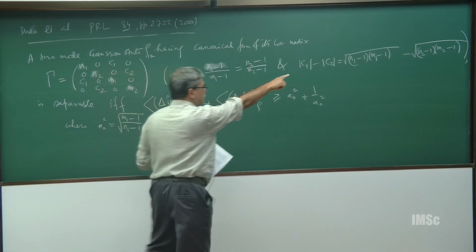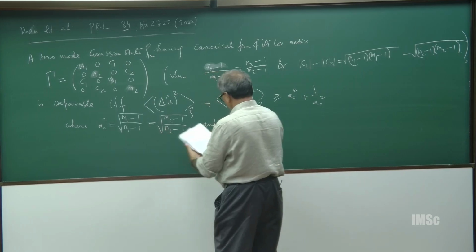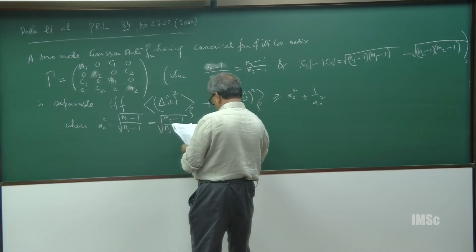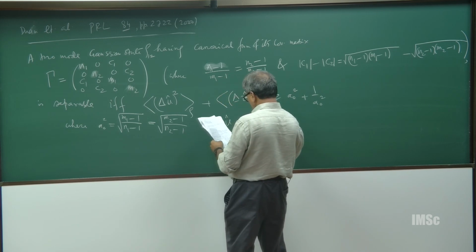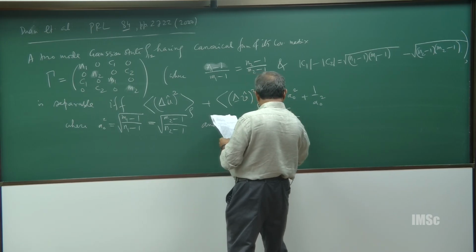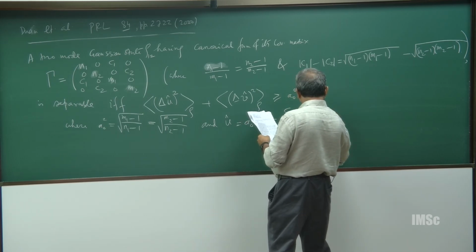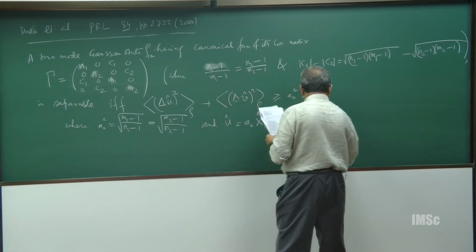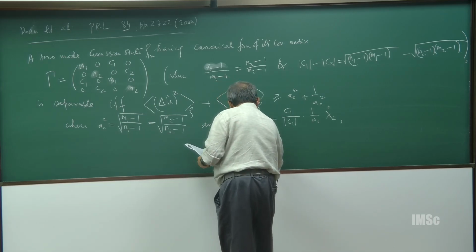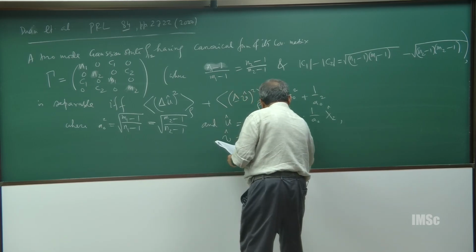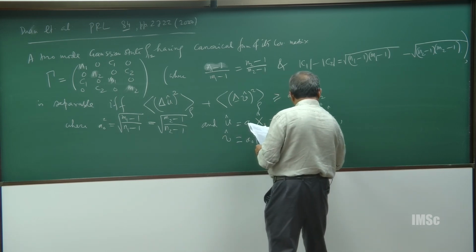These are equal because of this relation, and this u operator is equal to a 0 times x 1 minus mod c 1 by c 1 into 1 by a 0 into x 2, and v is equal to a 0 p 1 minus c 2 by mod c 2 into 1 by a 0 p 2.